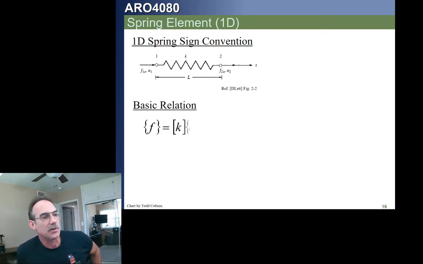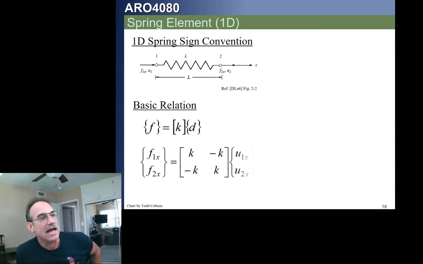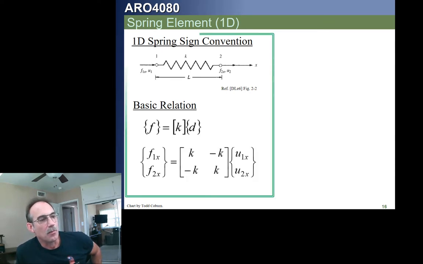All right, so here's our basic relation. F equals kx, right? F equals k times the displacement, which we've been calling U for the local displacements. That's our basic relation, and this is on the nodal level. So once again, this is a single element, so we've got F at 1 in the x, F at 2 in the x.